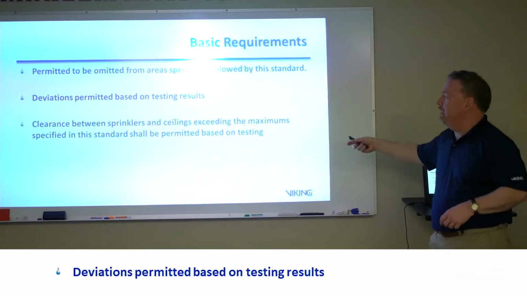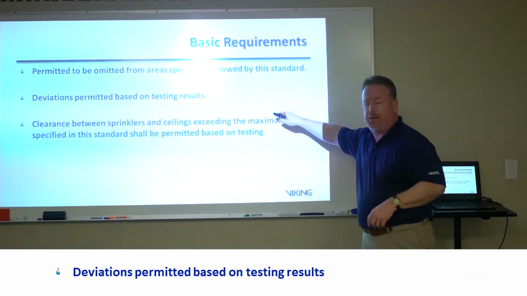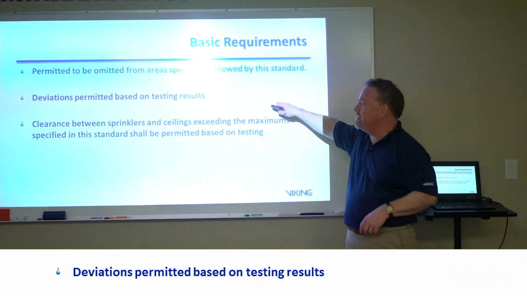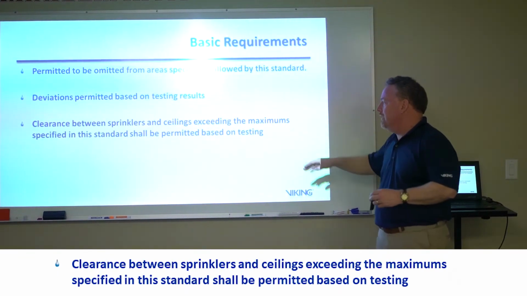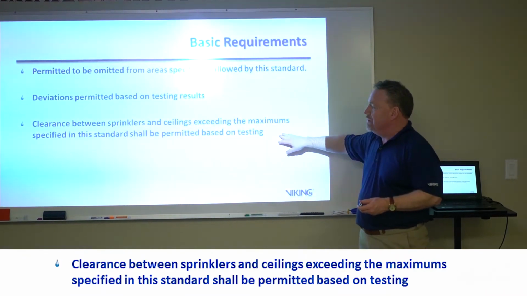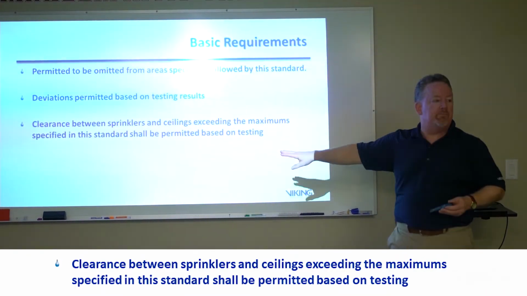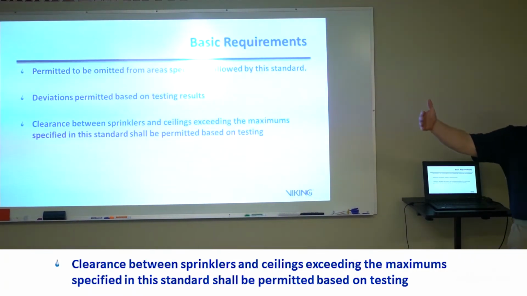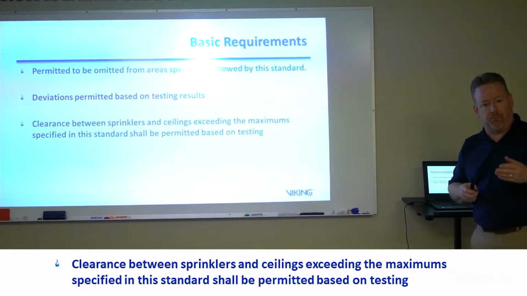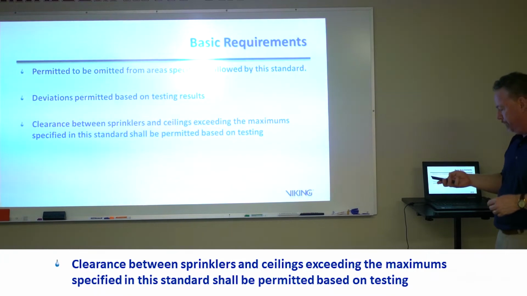We can also deviate from some of these installation requirements based on testing results, and clearance between sprinklers and ceilings exceeding the maximums specified in this standard are permitted, again, based on testing. So we can get up to larger areas of operation, perhaps, as long as we have tested them out and proven that the sprinkler will operate.